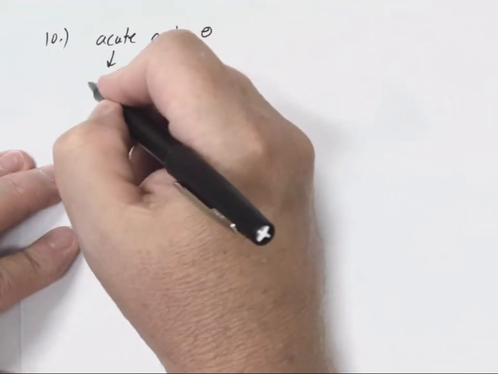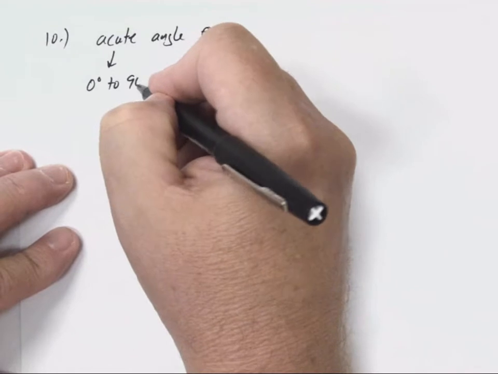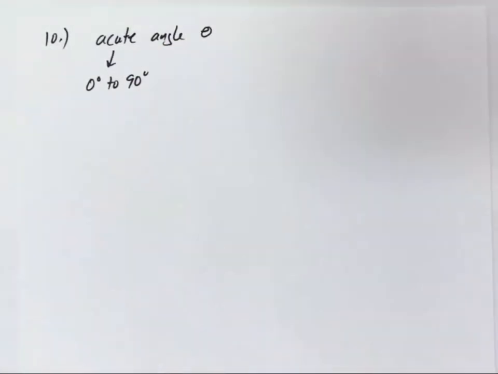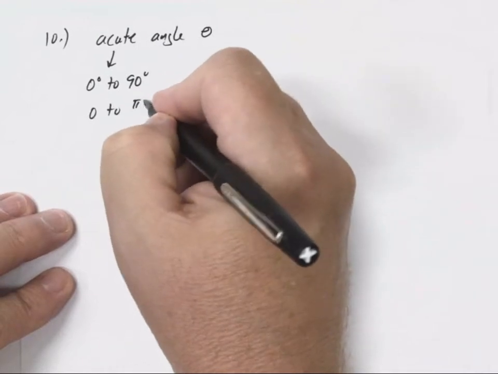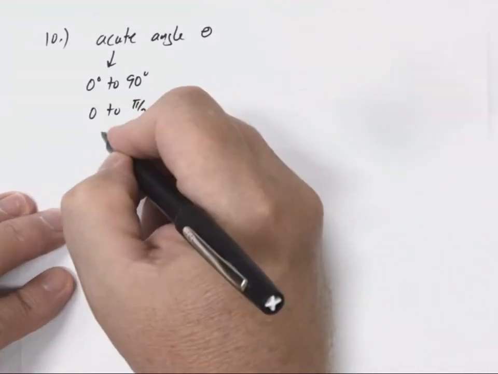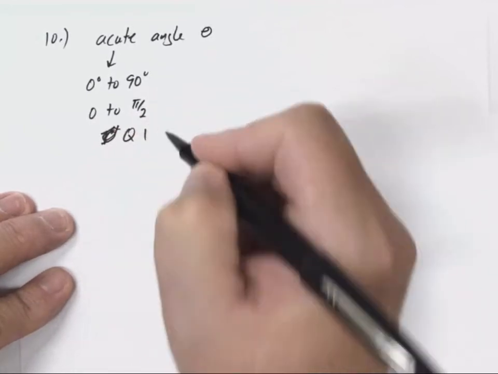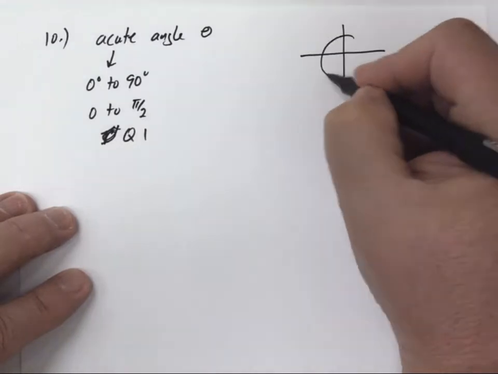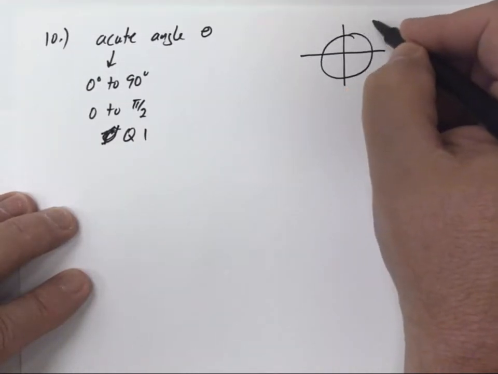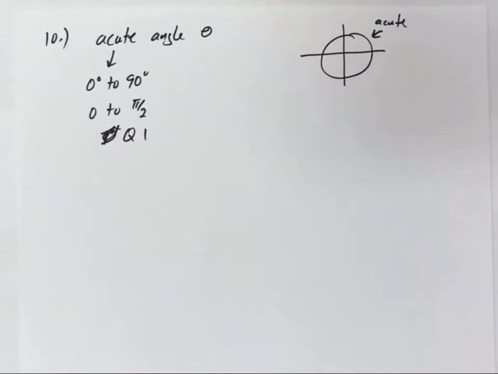Acute angle means the angle is less than 90 degrees, or in radians. Another way of thinking about it is we could say it's quadrant 1. You know, we talk about the circle, the unit circle. An acute angle means it's going to be in here.